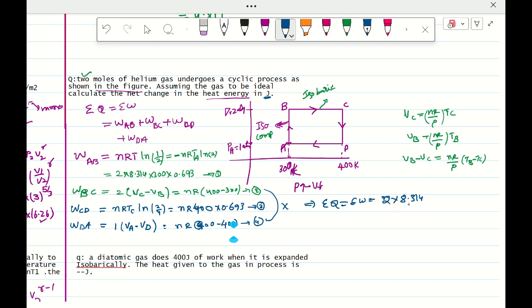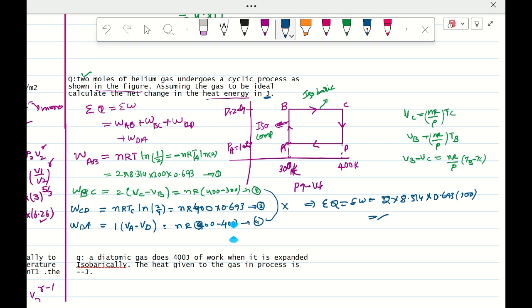But here joules is asked, so 8.314 into ln 2, 0.693. Here 3 has 400 and 1 has 300, therefore 400 minus 300 is 100. So that is equal to 28, and this is all, you will get the answer. That answer is correct, no doubt at all. So I hope you understand, right?